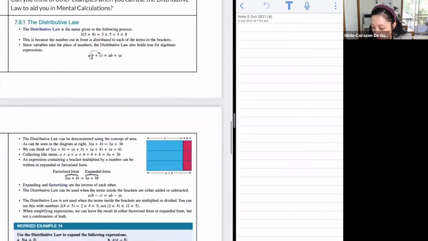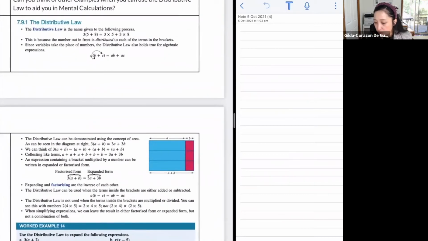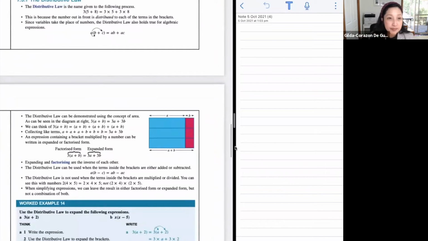We've got the distributive law. We would want to multiply A and B plus C, right? So B plus C is in brackets, and therefore when we have A and then next to it B plus C, the operation between them would be multiplication, right?